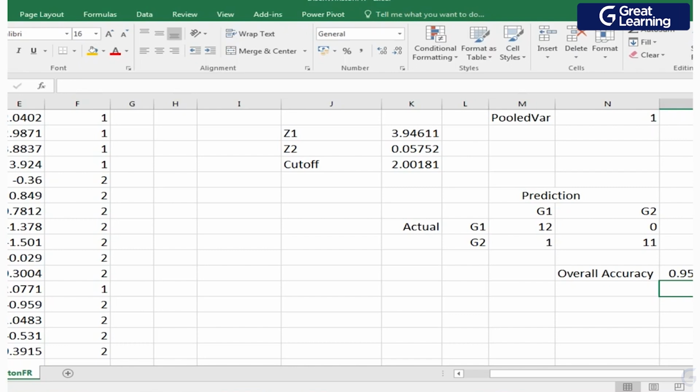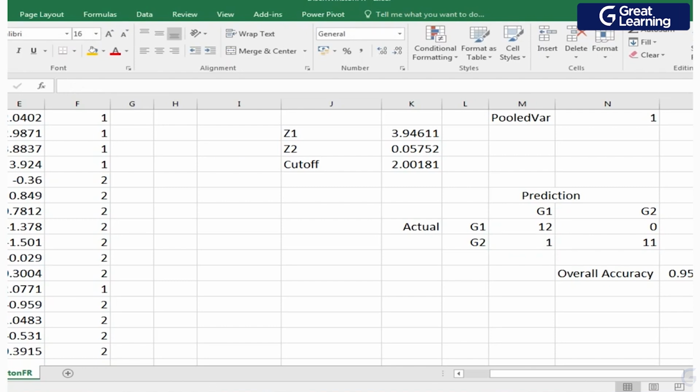Therefore, the errors of misclassification, if I have to do it here, error of misclassification, you might call it type 1 error, whatever, is equal to 0 divided by 12. The other is equal to 1 divided by 12. So, there is an 8.3% error: the computer made a mistake.